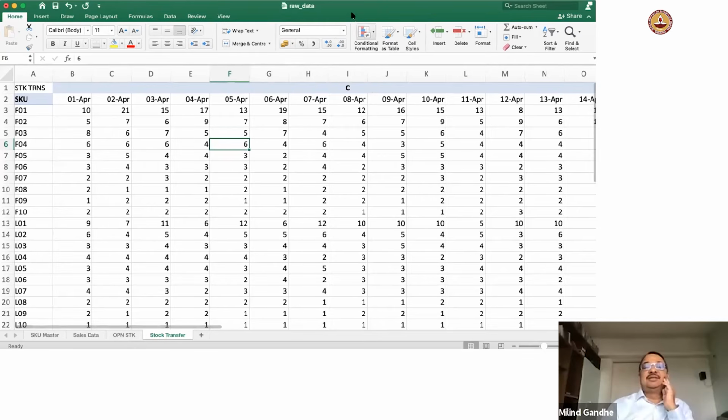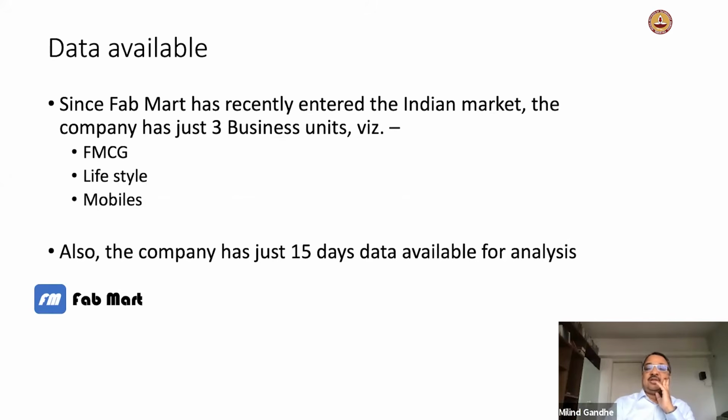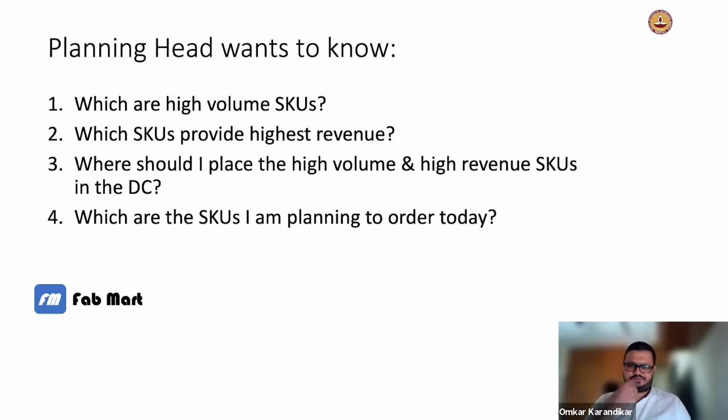Okay. So let's go back and take a look at what questions we have to be prepared for this meeting. Yes. So let me go to the next slide. So these are the detailed set of questions that we have. The planning head wants to know which are the high volume SKUs, which are the SKUs selling like hotcakes, or are there some stars and some laggards in my sales pattern?